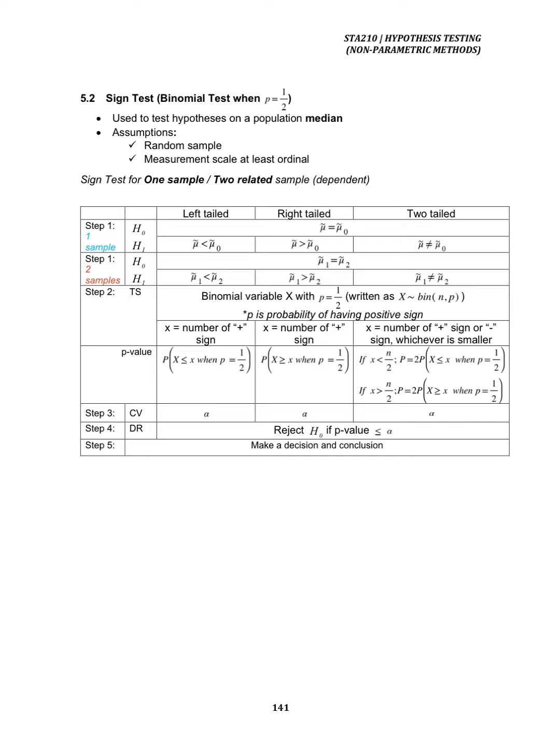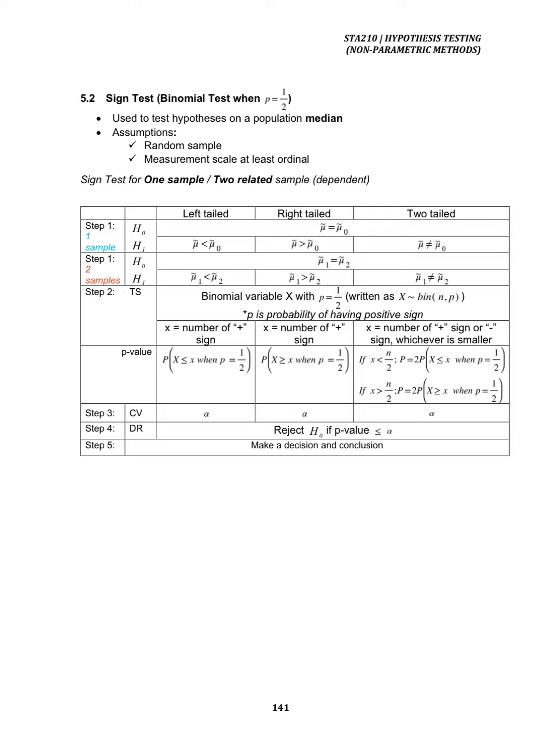For the non-parametric test, we are dealing with the population median. The assumptions required here are that the sample involved should be random, and the measurement scale is at least ordinal type. So we have the sign test for one sample or two related samples or two dependent samples.